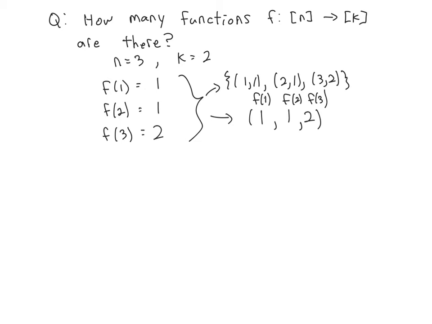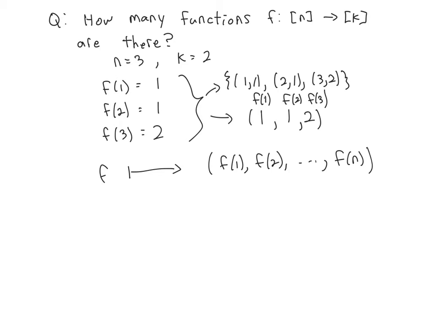And so in general we can do this. Given a function f, you can consider the sequence f of 1, f of 2, all the way up to f of n. And so for every such function, you get a sequence. It's a sequence, order matters.